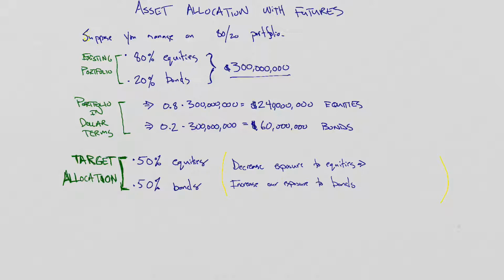And when we short in a futures contract, that means we sell the futures. And likewise, if we want to increase our exposure to the underlying bonds, we have 60 million, but we want more exposure to bonds, we can buy bond futures.